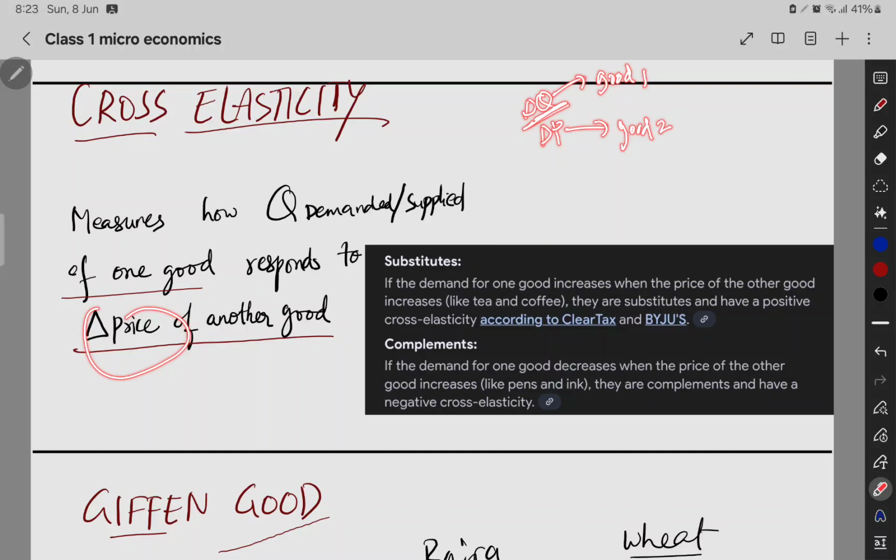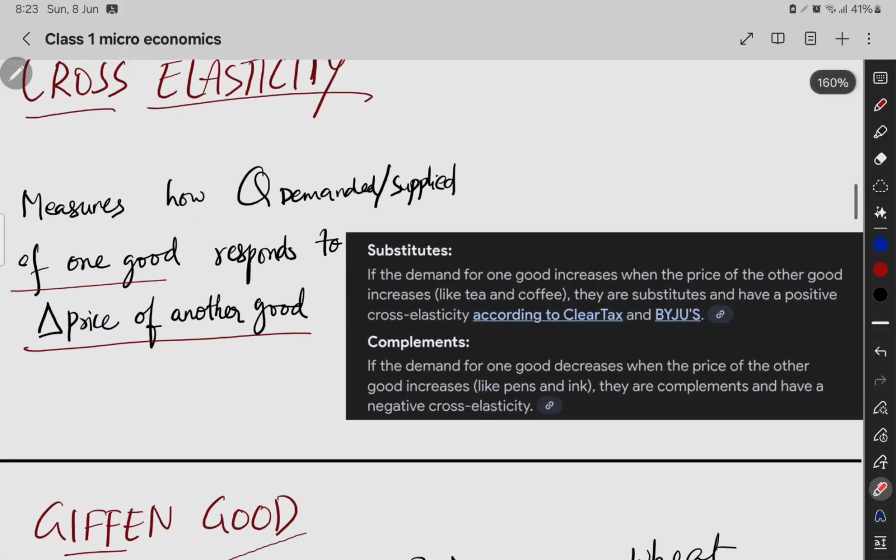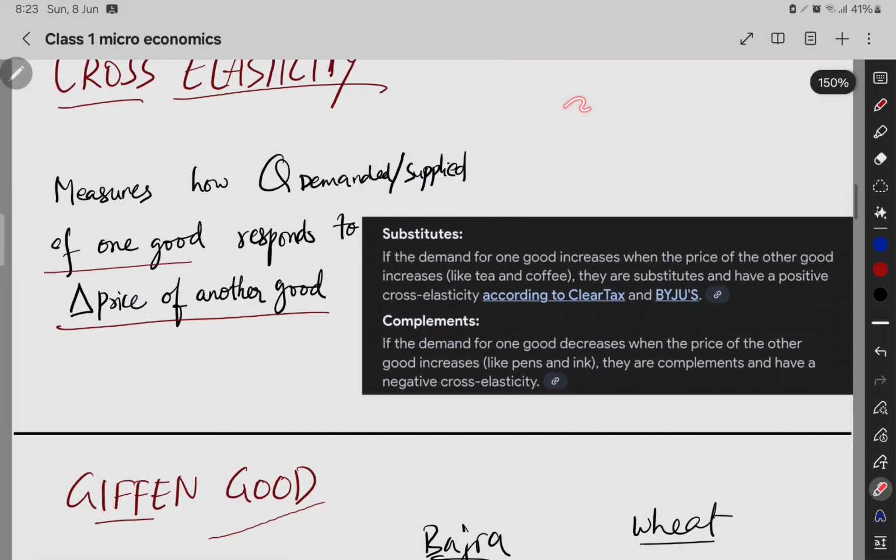Say, for example, let me take substitutes. Tea and coffee, they are substitutes to each other. Why? If the price of coffee increases, people will start drinking tea because it is cheap. So I can clearly say that an increase in the price of coffee is positive for tea because people are demanding more tea.